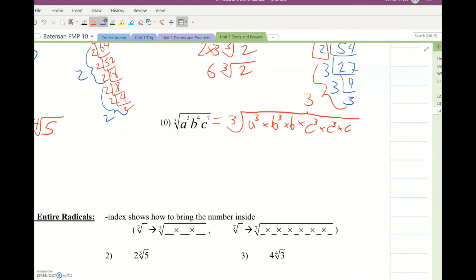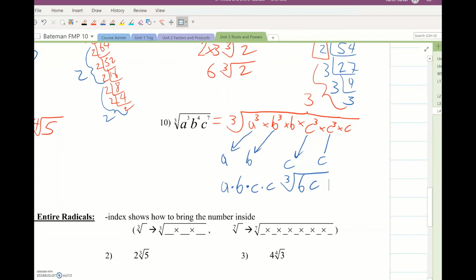So what we can do now, here's 3 of them, we can take out a single a. Here's 3 of them, we can take out a single b. Here is a single c, here is a single c. So we're left with on the outside a times b times c times c. And what's left over? Cube root b.